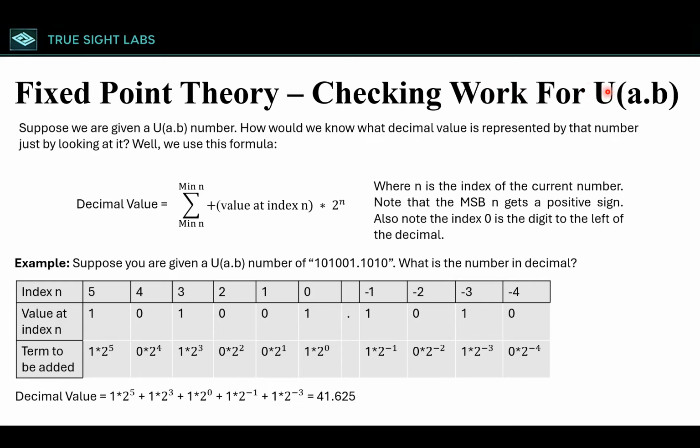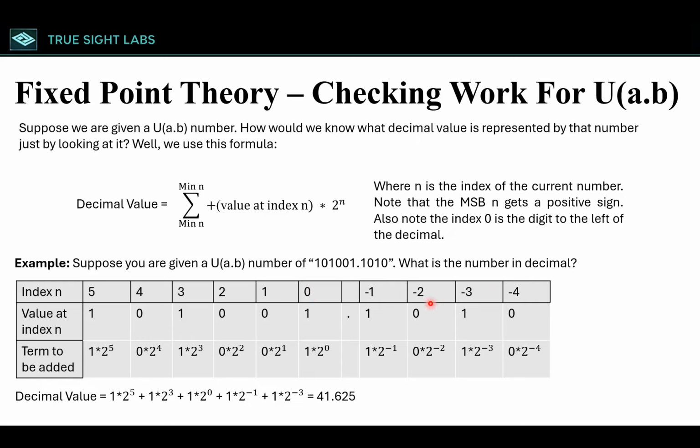And how do we do UA.B? So unsigned fixed point number. Well, we use this formula. It's the same formula, except it's just positive for all of them. So suppose we're given this number. What is that in decimal? Well, we just use the same formula, or we write it down. Index 0 is to the left of the decimal point.